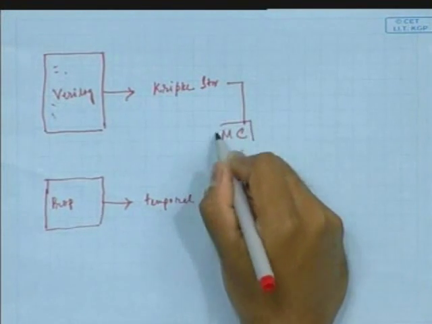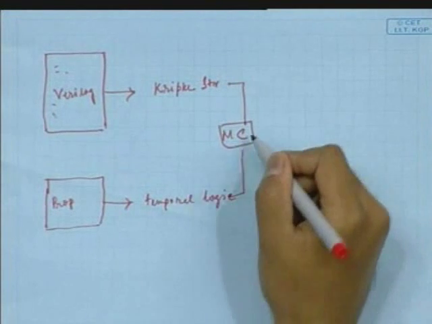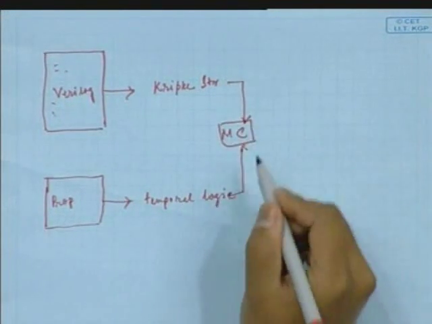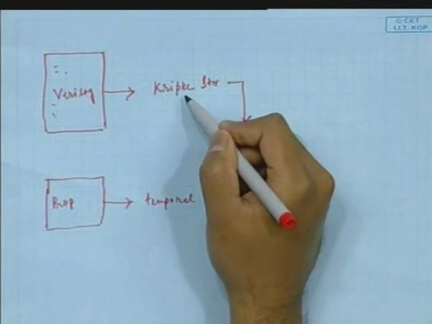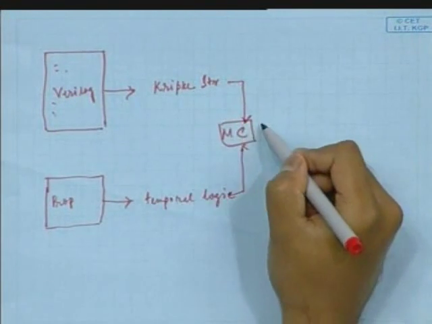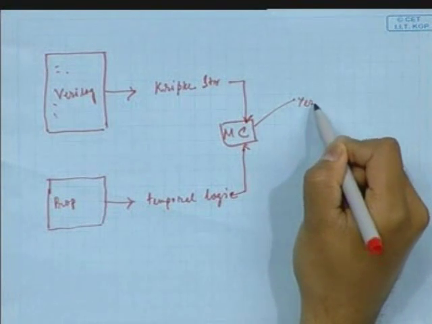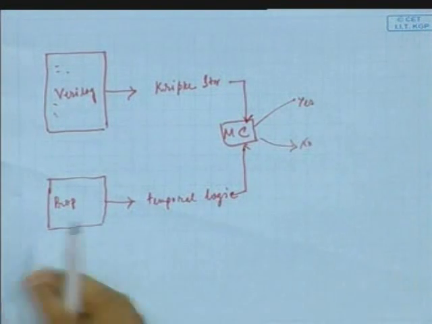Now these two are the inputs of the model checker, and the model checker verifies whether these temporal logic properties hold over the Kripke structure or not, and depending on it gives yes or no.